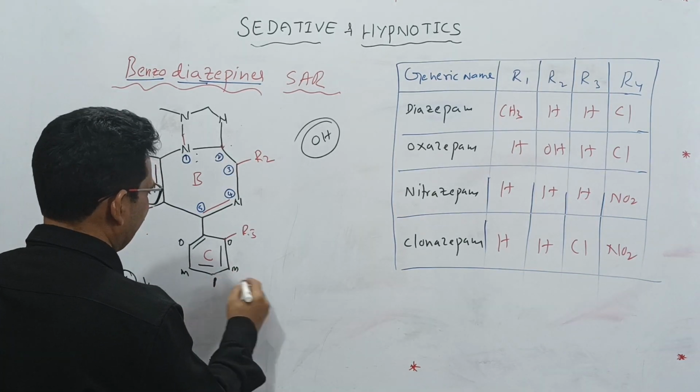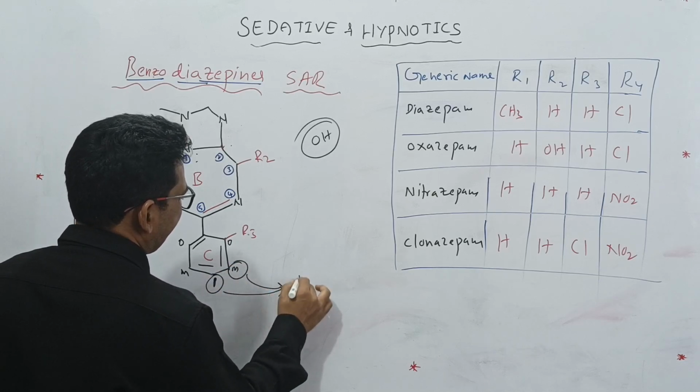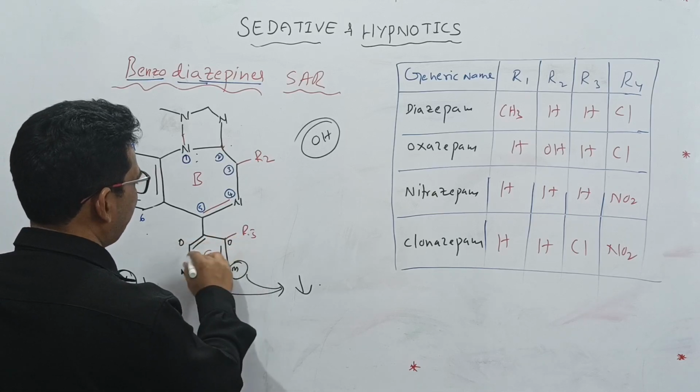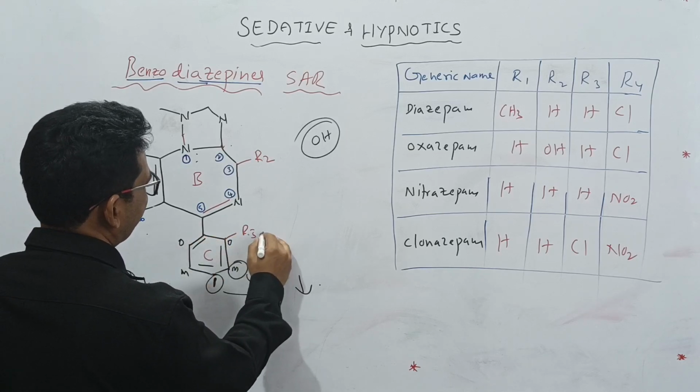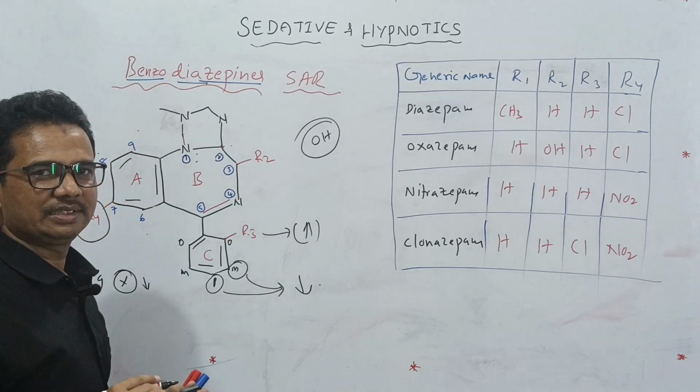But meta and para positions decrease the activity. At the ortho position, disubstitution also increases the activity.